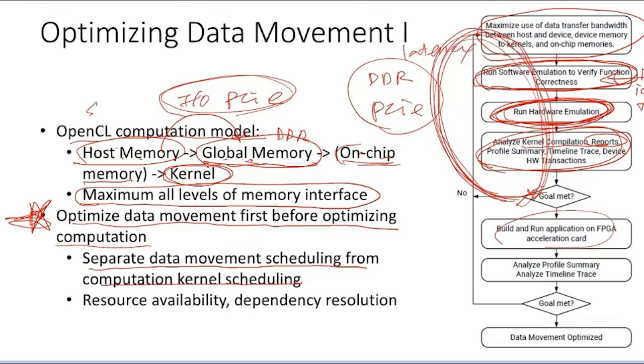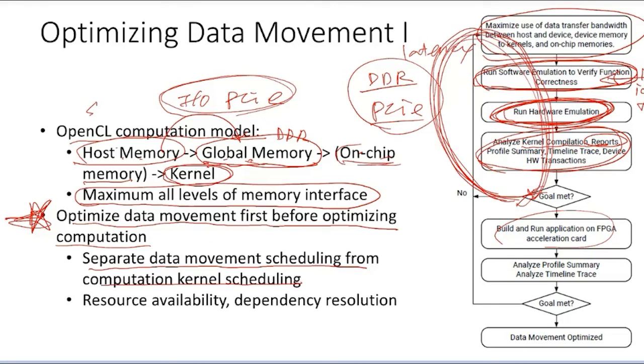That will be correct. But the latency shown in the code simulation is not exact because the DDR and PCIe are not running with the actual hardware. They run with a simulation model, and it's not the real thing.